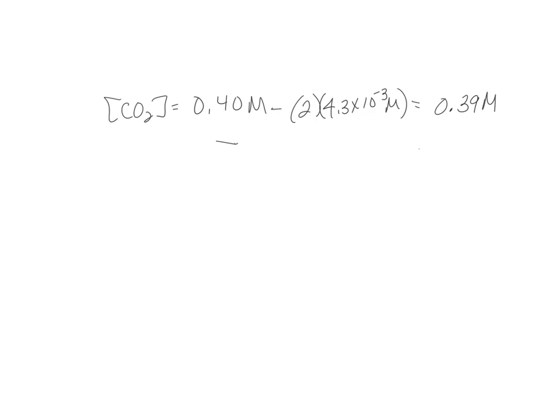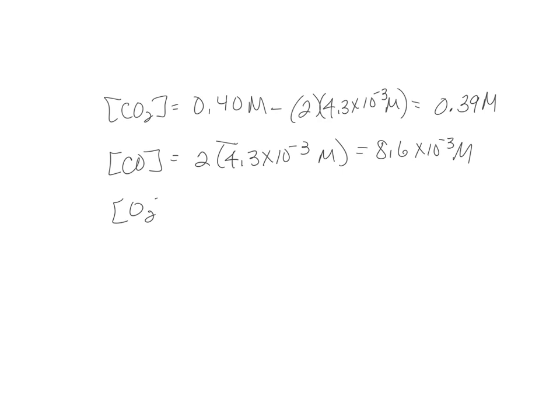For carbon monoxide, you're going to have 2 times 4.3 times 10 to the negative 3 molar, because it was 2x. So you have 8.6 times 10 to the negative 3 molar. And for oxygen, because it was just x, it's 4.3 times 10 to the minus 3 molar. So the 0.39, the 8.6 times 10 to the minus third, and the 4.3 times 10 to the minus third are the actual answers to the problem.